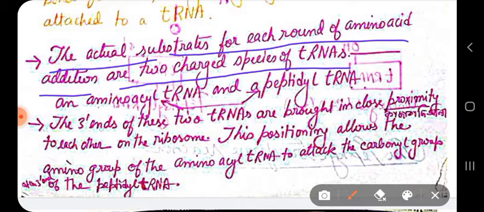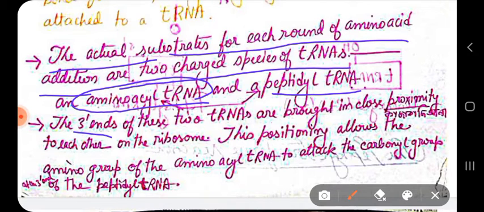One tRNA is called the peptidyl tRNA, which is elongating the chain. Multiple amino acids have been attached as a result of the elongation process. The other is the new amino acid tRNA, which is getting incorporated into the chain. The amino acid attached to the amino acid tRNA is going to be attached to the peptidyl tRNA.